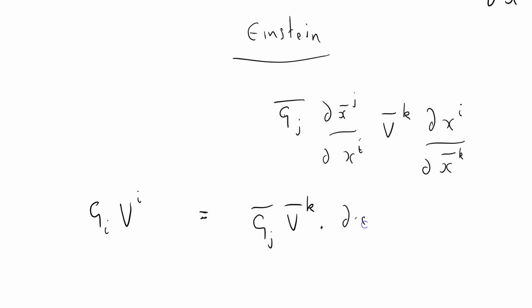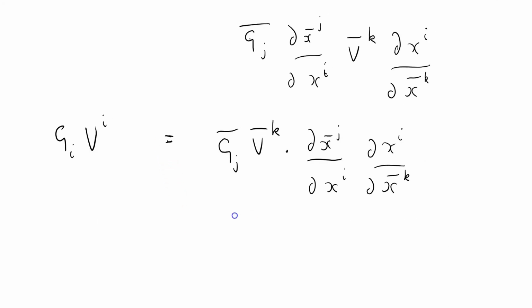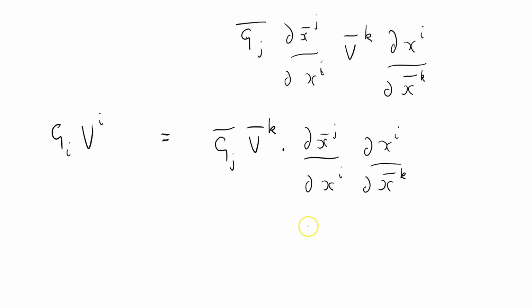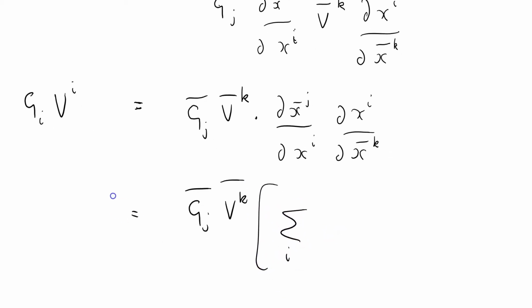What's left? ∂ x̄^J by ∂ x^i by ∂ x̄^K. I'm going to put the summation convention back in. G_J̄, V̄^K, sum over I, ∂ x̄^J by ∂ x^i, ∂ x^i by ∂ x̄^K.